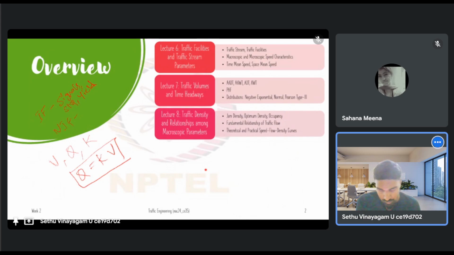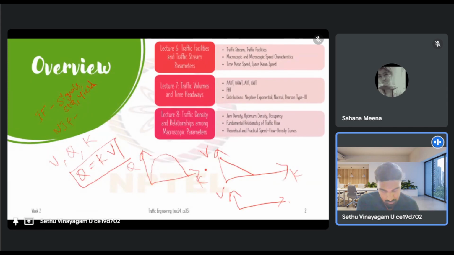And if you look at the pairs of variables, you will find the relationships to be like this. The speed-density relationship is like this. Sorry, the flow-density will be something like this, and the speed-flow will be something like this.